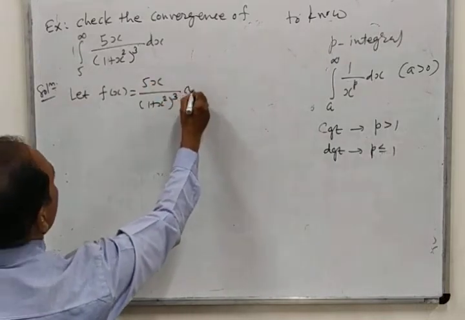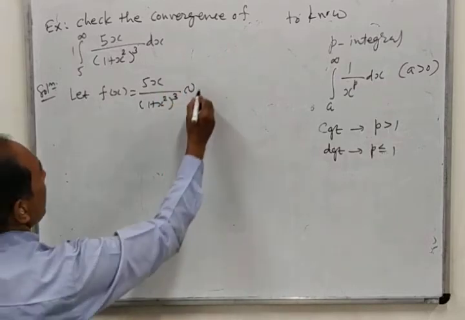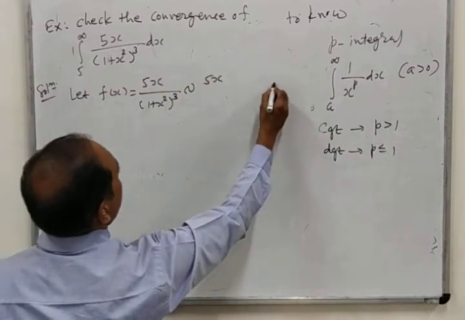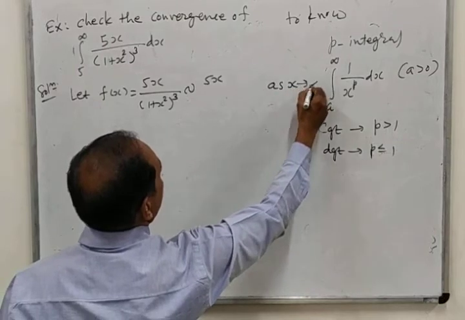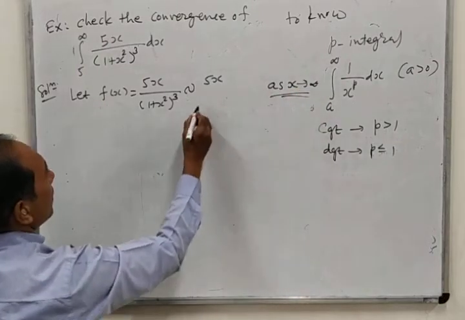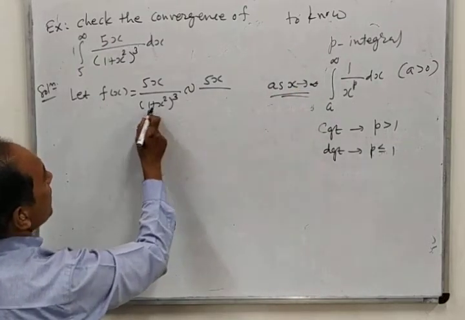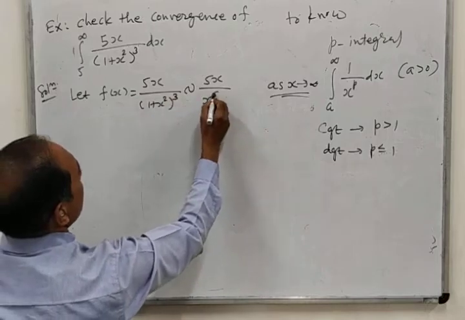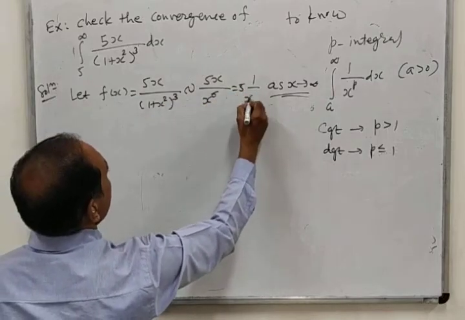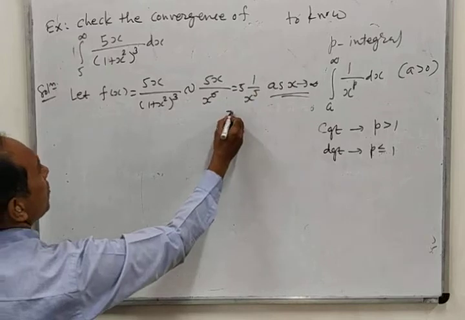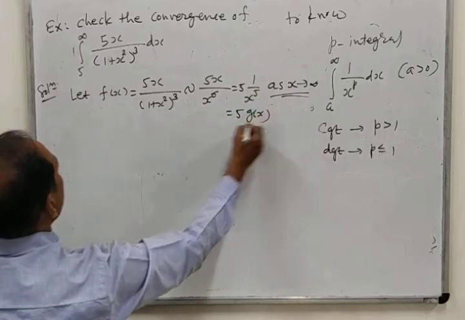Now we want to find its approximate function. So 5x we will keep as it is. This is a very important thing. 5x upon, and here 1 has no effect, so it is near to x raised to 6. So this is 5 into 1 upon x raised to 5, and this is equal to 5 into g of x.